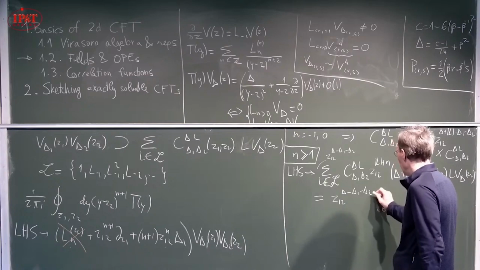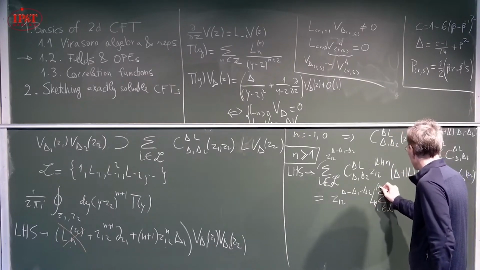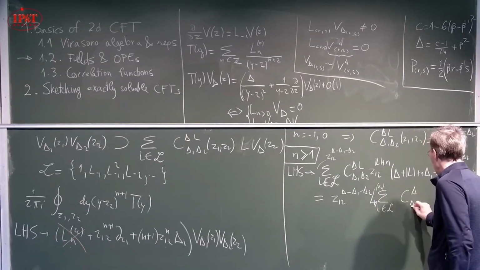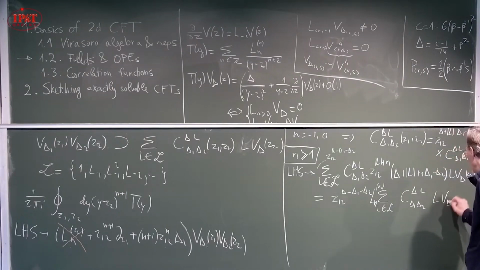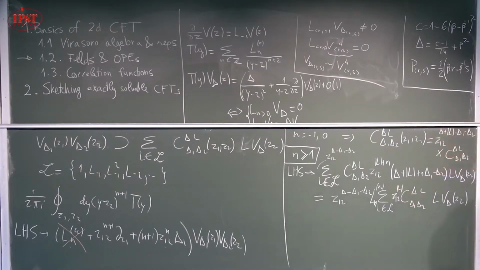Well, let me put the L_n here, L_n at z2, of course, acting on the sum of C delta L delta 1 delta 2, L V delta of z2, and there is a z12 to the L. Okay, so this may look a bit complicated now, but we'll simplify it and focus on examples.